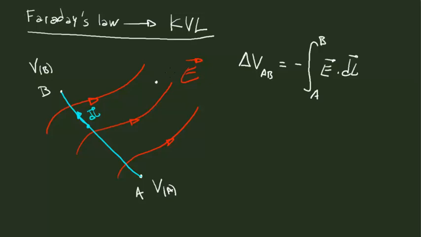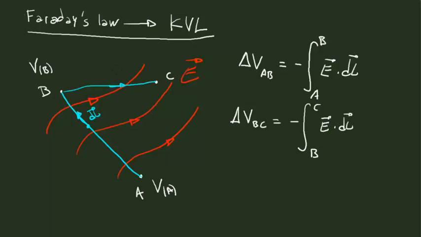Now let's continue this exercise. Think, for instance, if there is another point C over there, and I can also calculate the difference in potential between B and C, and it will clearly be minus the line integral between B and C of E dot dl. In the same manner, let me draw this path over here, with this dl.